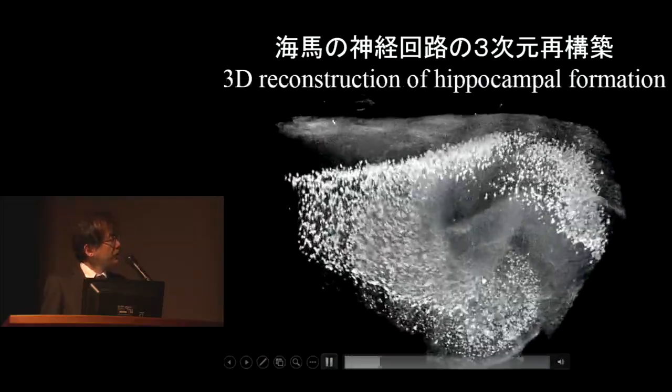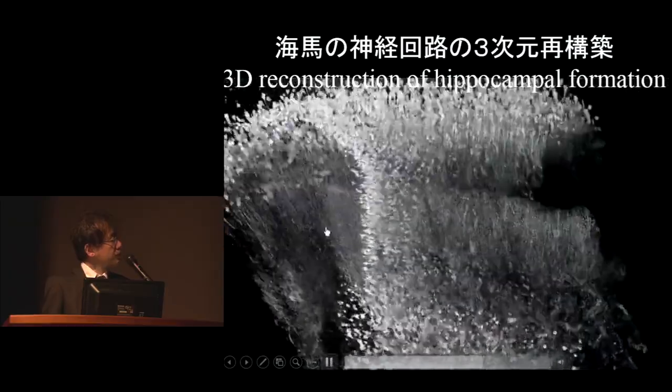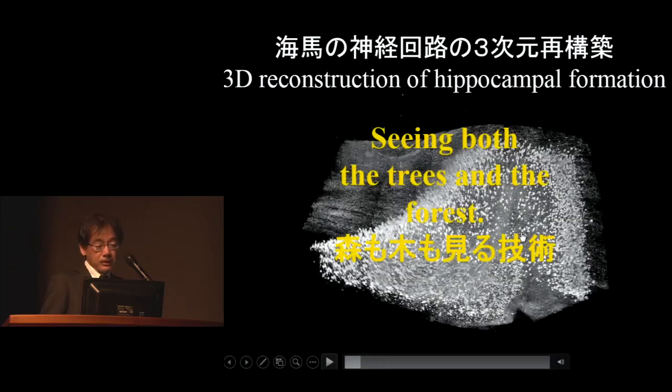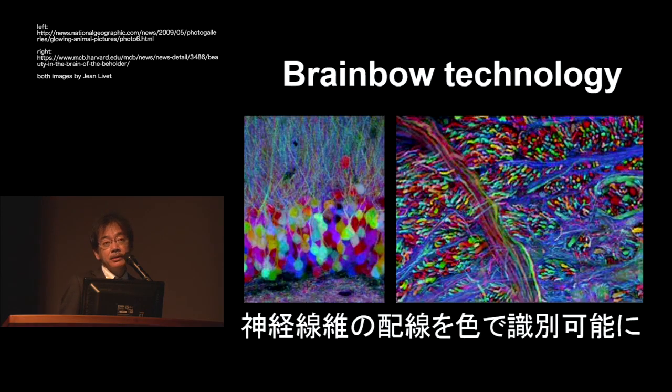In this experiment, we appreciate the very complex hippocampal formation from different angles. And I think these tissue clarification technologies should be well combined with, for instance, Brainbow technology, which can cause individual neurons to fluoresce in a total of 90 distinct colors.